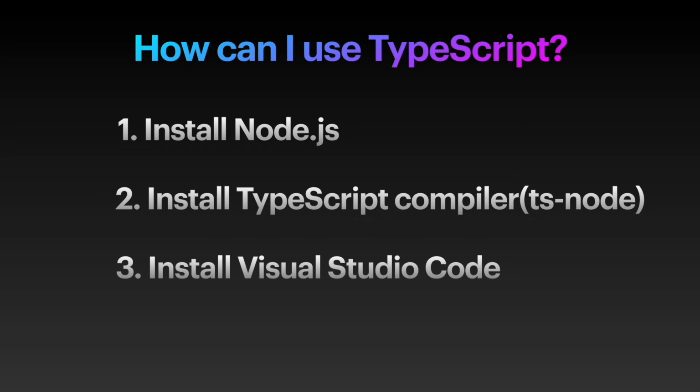And lastly, we need to install Visual Studio Code because TypeScript and Visual Studio Code were actually developed by Microsoft. So it's the ideal environment for TypeScript to be run. Now, that being said, I'm going to show you how exactly TypeScript is used with a few examples.